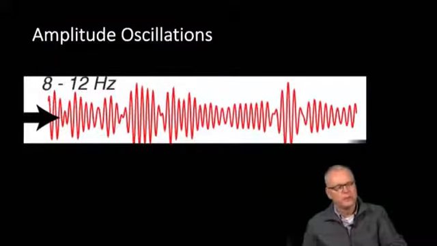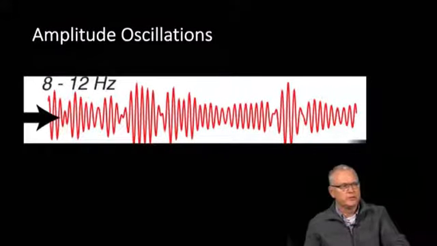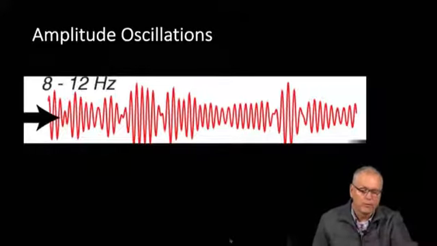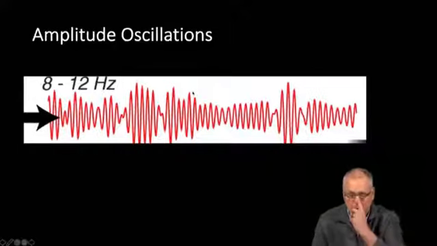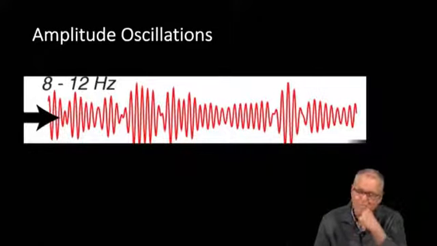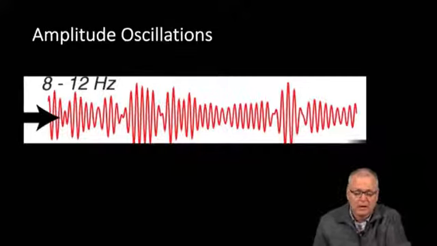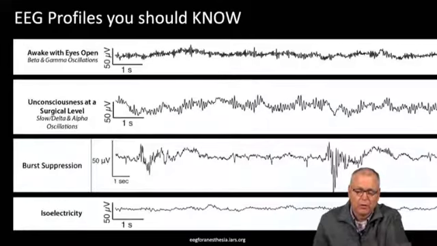Another feature of the EEG is that once you get a bandwidth, say the alpha bandwidth, 8 to 12 hertz, you can notice that the frequency stays the same, but the amplitude varies over time. That's called an oscillation. So we have amplitude oscillations, and again, those can be used to describe the EEG behavior.